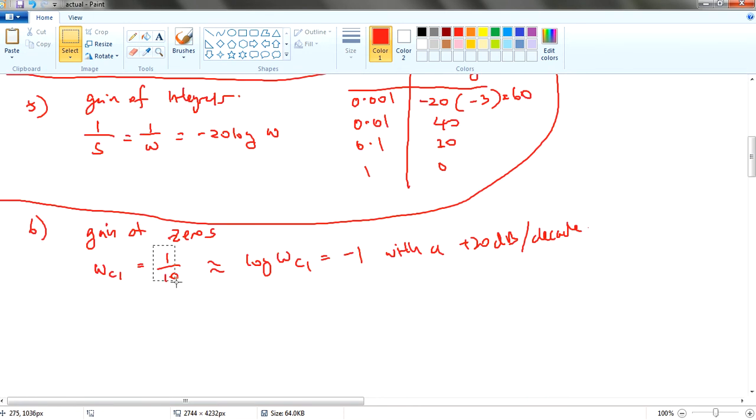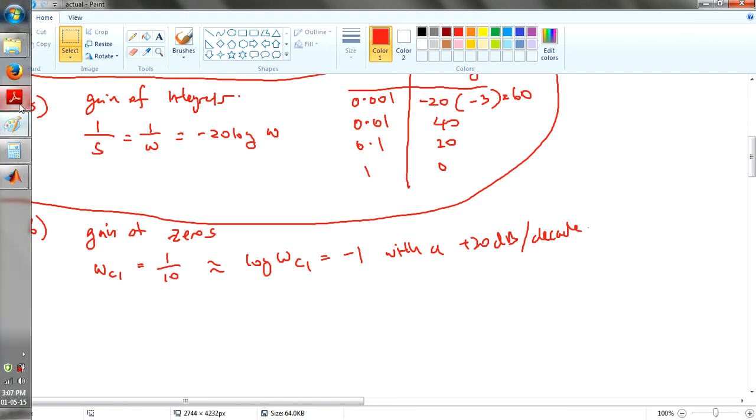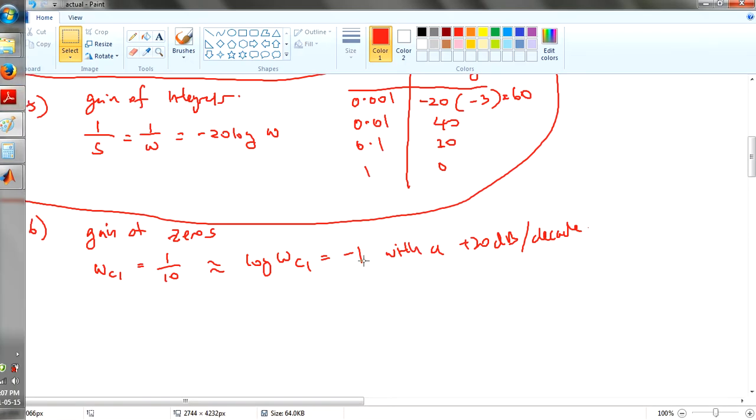If I take the logarithm of this frequency, you have minus 1. So this is the corner frequency of the system, with 20 dB per decade, with a plus. A zero will always contribute a positive phase. You may wonder why: because minus 1, if I take 20 log of it, I'll have minus 20.